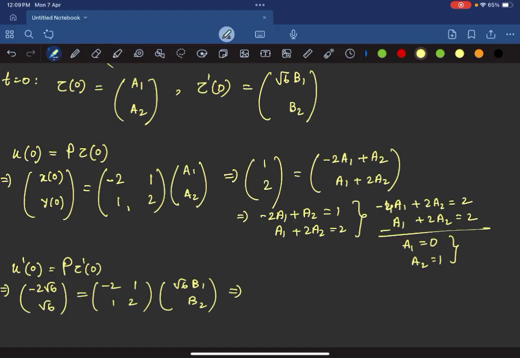If you further do the calculation, you'll be getting minus 2 root 6 b1 plus b2, similarly root 6 b1 plus 2 b2. Likewise, finally you get the values for b1 and b2.